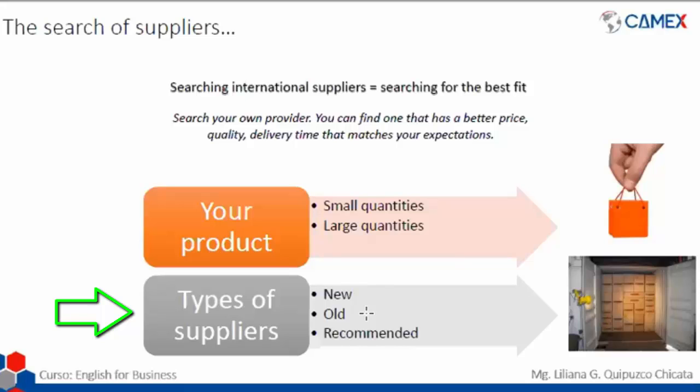So maybe I'm going to buy shoes, so I'm going to go on the internet and find new shoe suppliers, or maybe go to a fair, or maybe just look for a brand that I really like and go straight to the manufacturer. So the ones that you are going to find for yourself, those are the new suppliers. The old suppliers are the ones that you have already used.